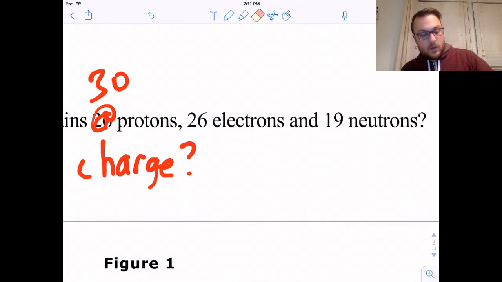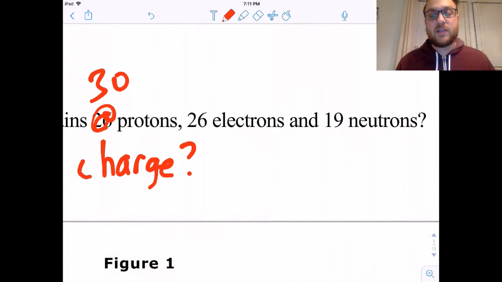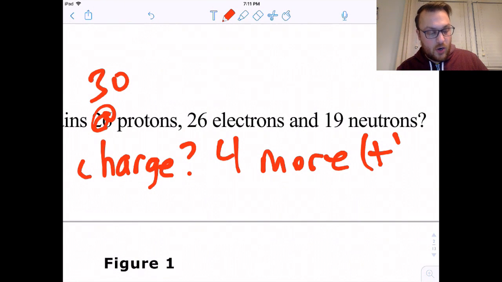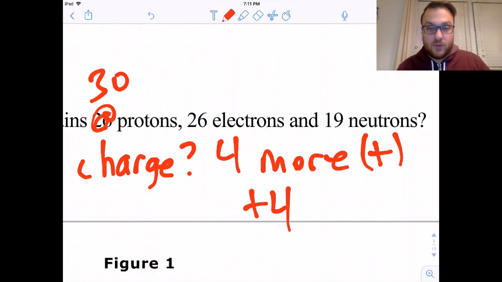If I were to change it away from the protons now being 30 instead of the electrons, you would now have an excess of positive charge. Precisely 4 more positive charges.